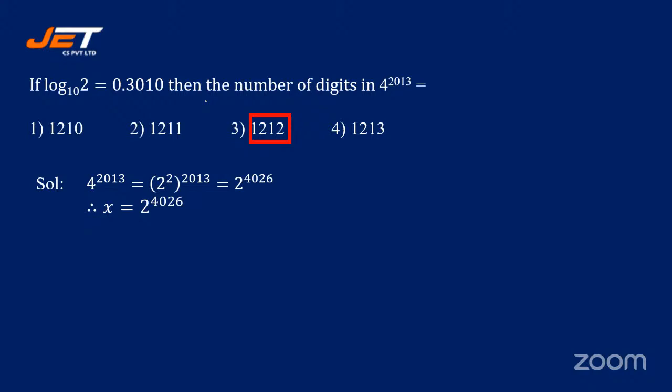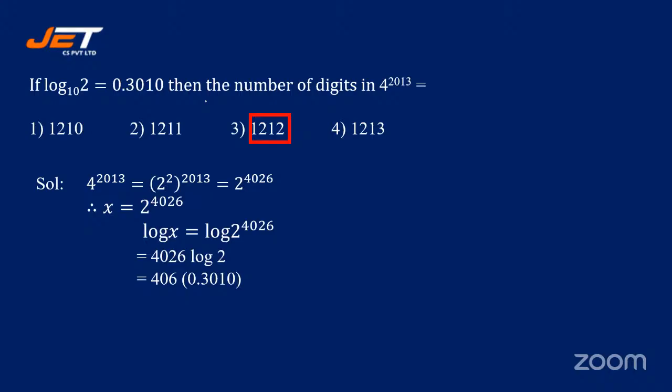So now when we take the log, log x is equal to log 2 to the power 4026. So 4026 into log 2. Here we know log 2 base 10 is equal to 0.3010.